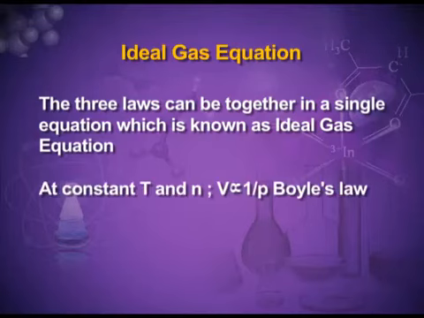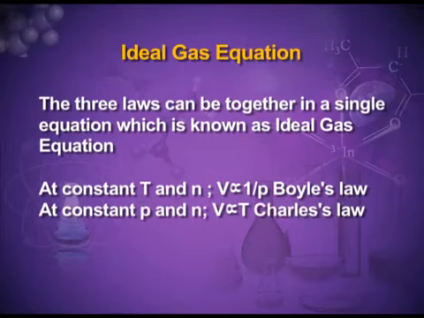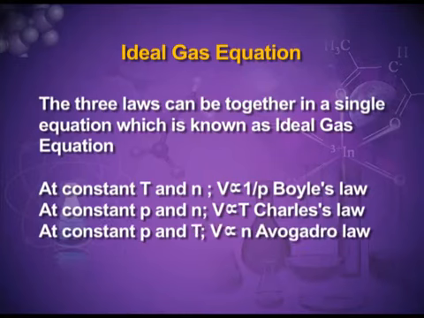At constant temperature and number of moles of the gas, volume is inversely proportional to the pressure, that's Boyle's law. At constant pressure and number of moles of the gas, volume is directly proportional to temperature, that is Charles' law. At constant pressure and temperature, volume is directly proportional to n, that is Avogadro's law.